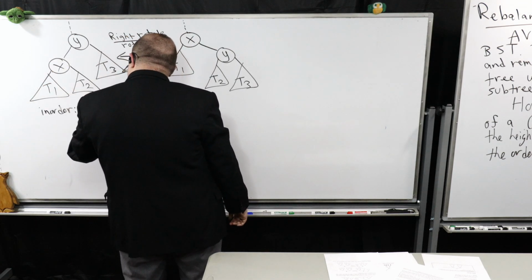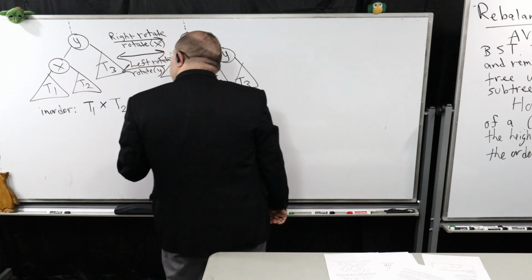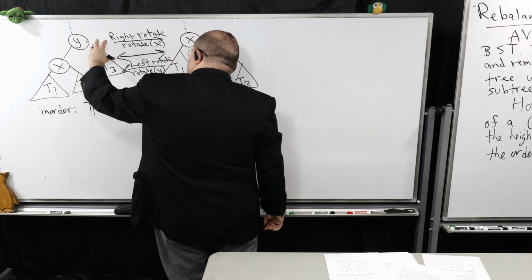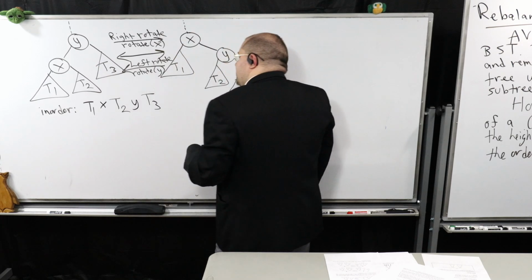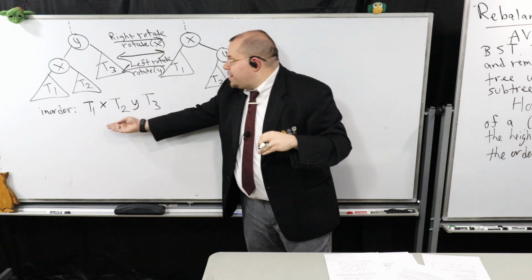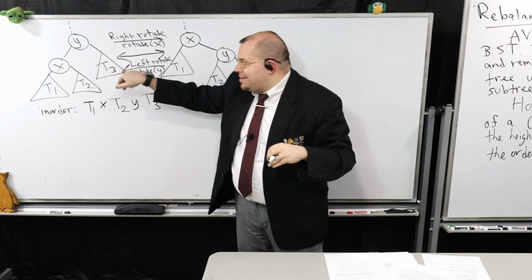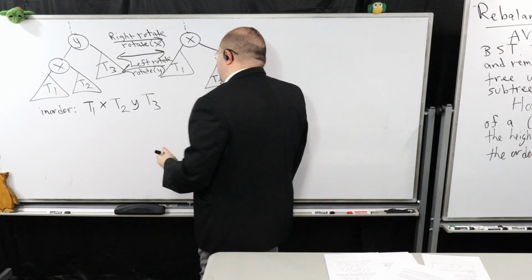I visit X. Then I visit all of the keys in T2. Then I visit Y. Then I consider my right subtree here. So if I actually did an in-order traversal of this tree, this is what it would look like. So keep in mind that those subtrees there, they may contain many, many nodes that may have records in them.